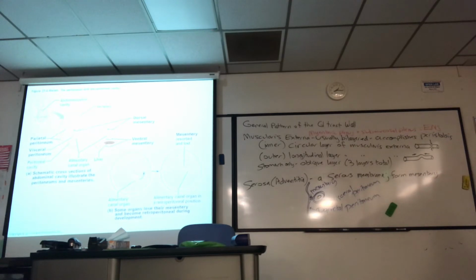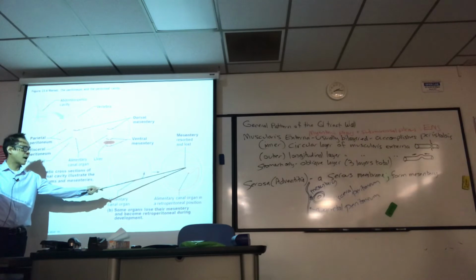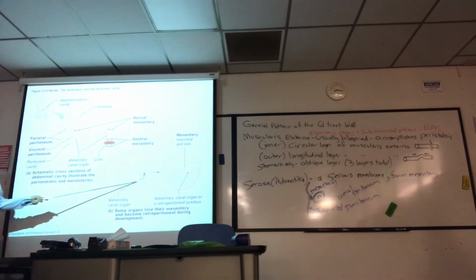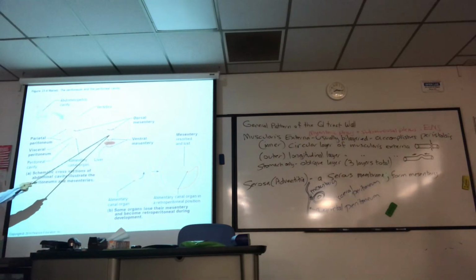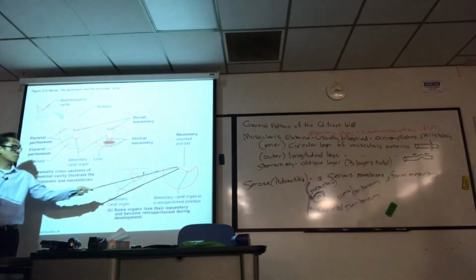Now some organs in development are pushed behind the body wall, and they're referred to as retroperitoneal, like this structure back here. If it's in the body cavity, like this or this, you say intraperitoneal. So there's intra, and then there's retro.